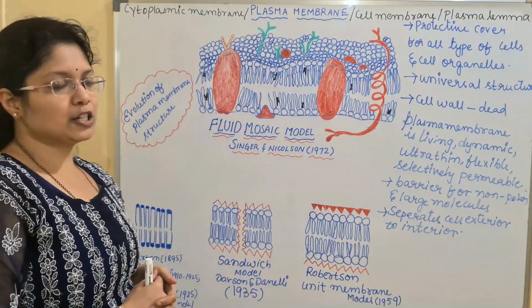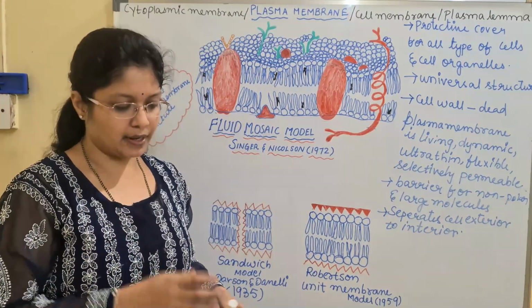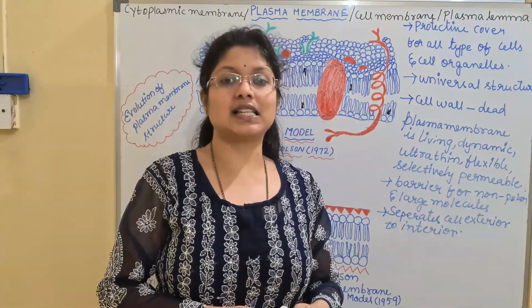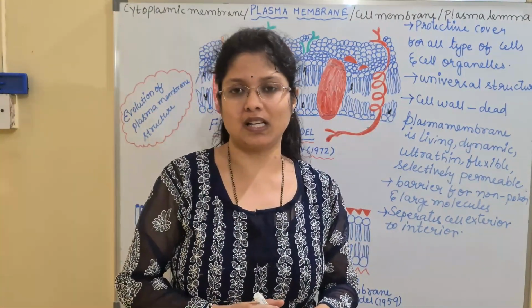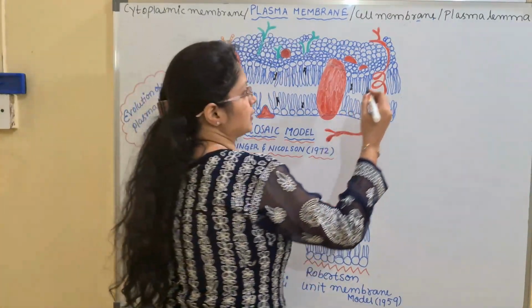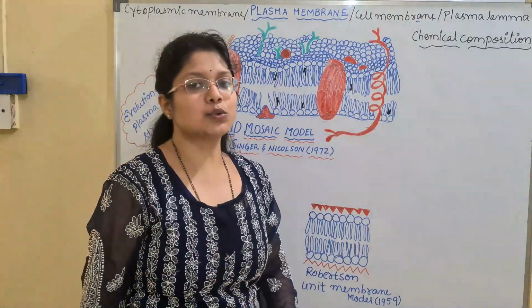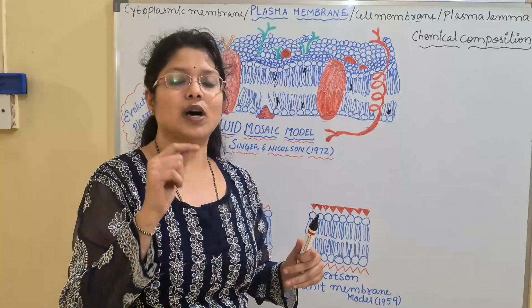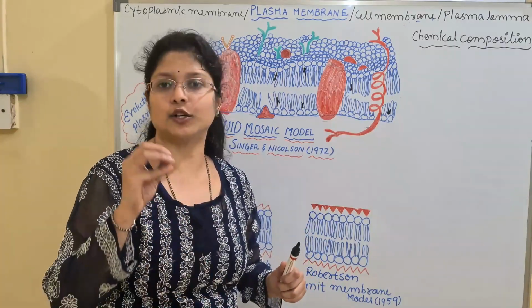Next, coming to the structure of the plasma membrane. Before discussing the structure, we will see the chemical composition of the plasma membrane. Let us quickly look into it. The two important structures forming this plasma membrane, you have to remember, are lipids and proteins.